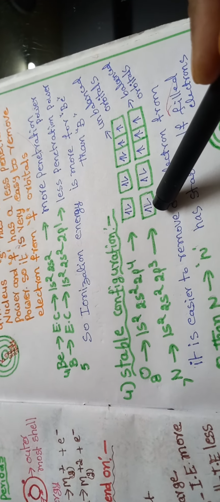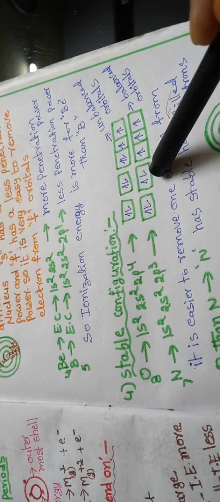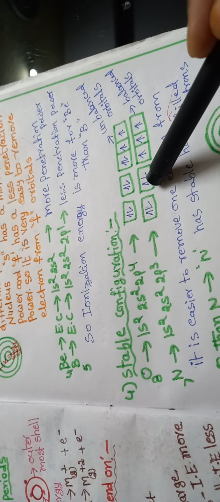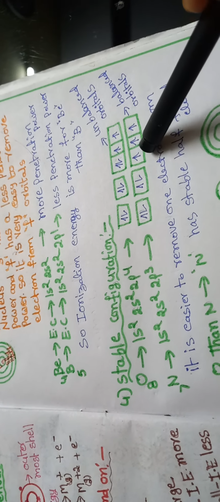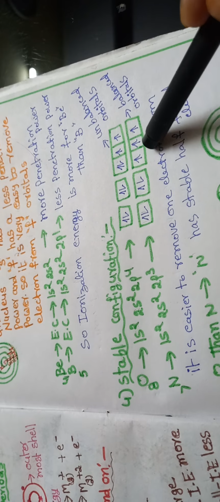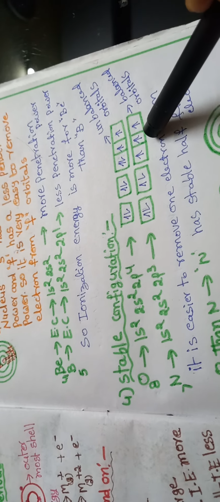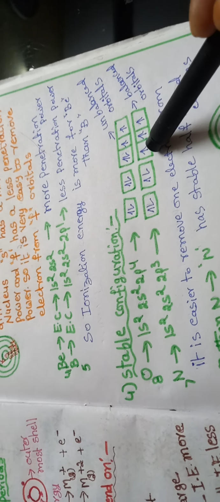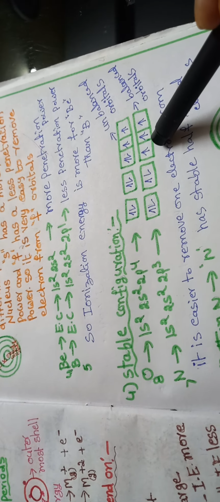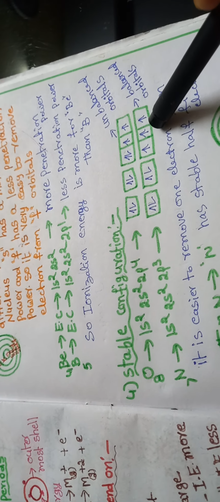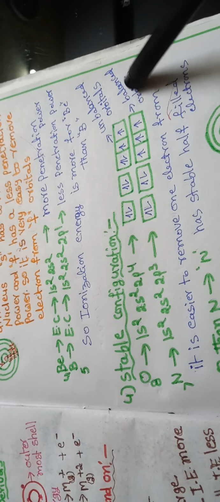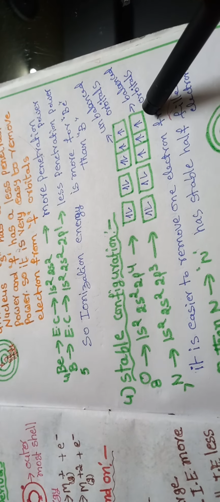The first and second orbitals are filled with paired electrons, but the 3 p orbitals each have one unpaired electron.